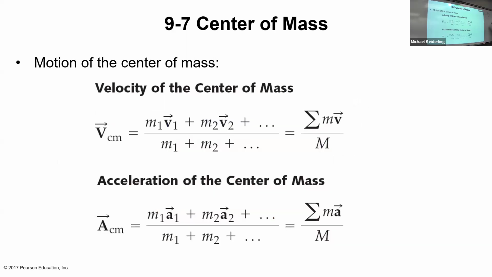And the center of mass can move. The velocity of the center of mass is the individual masses times the individual velocities over the total mass. The acceleration of the center of mass is the individual masses times the individual accelerations over the total mass.